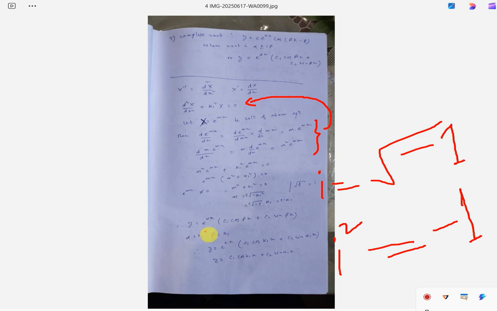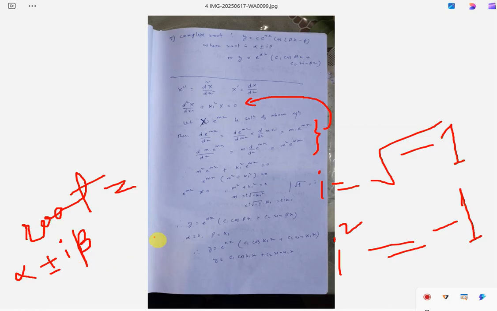Now when alpha is equal to 0 and beta is equal to k1, because in this equation we have assumed that the complex root is alpha plus minus i beta, but what we got here is plus minus i k1.